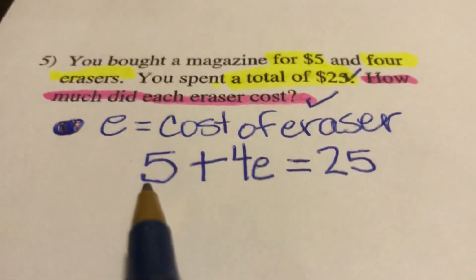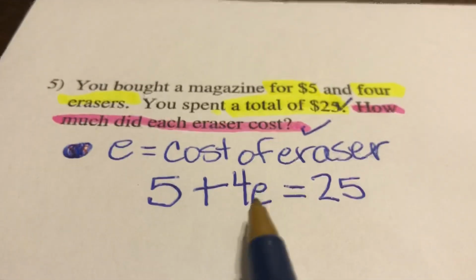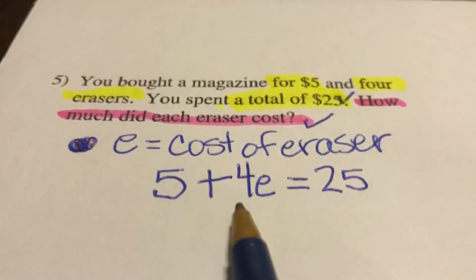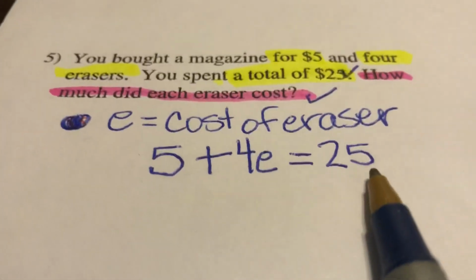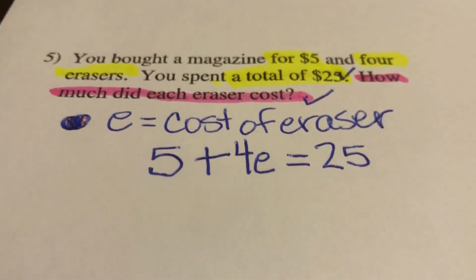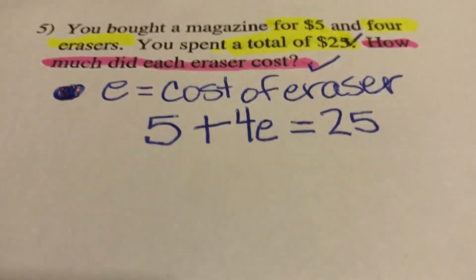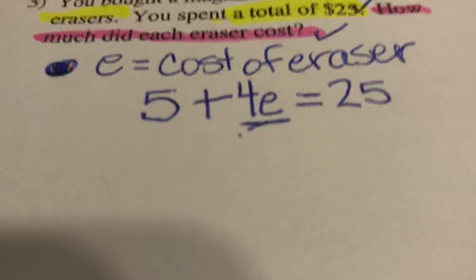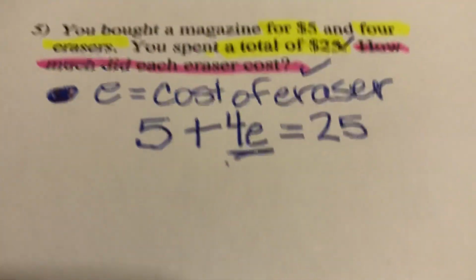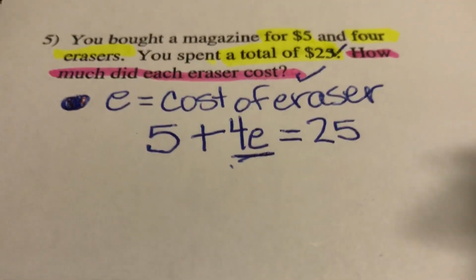The $5 for the magazine plus the 4 erasers times whatever that cost is equal to the $25 that was spent. And now it's just a basic 2-step equation. So here's my variable. It's all tied up with 4, so I can't do anything with that 4 yet. So I'm going to go ahead and get rid of the 5.